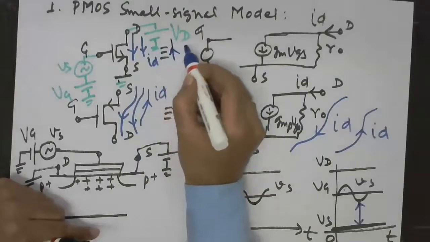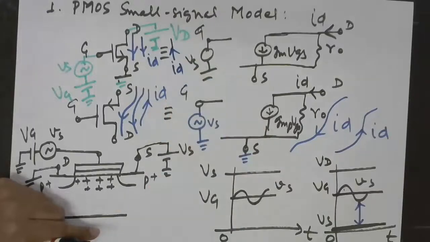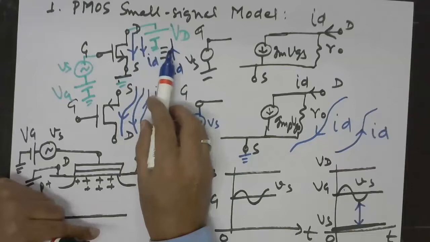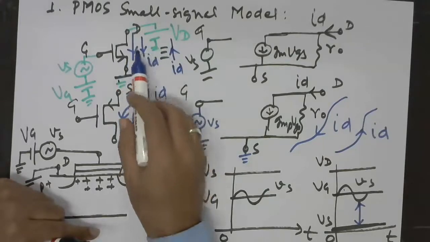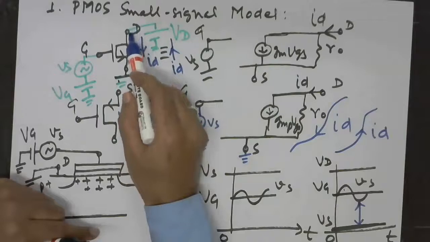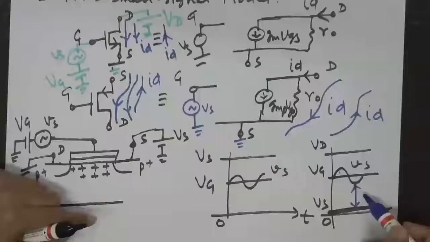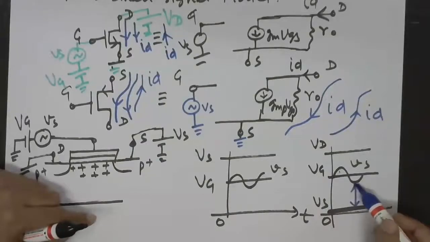So the time varying current for the second half is going to be in this direction. So you can say that DC and the time varying current for the second half of the time varying input are in opposite direction. So there will be net low current from drain to source. And that prediction also arises if you look at the net gate to source voltage during the negative half.